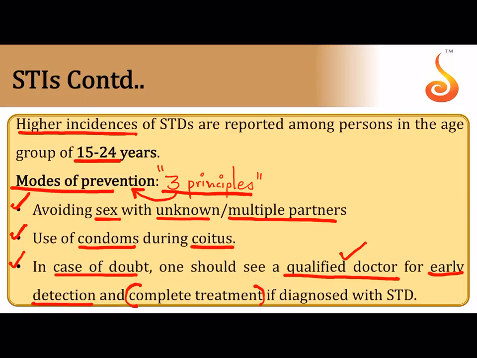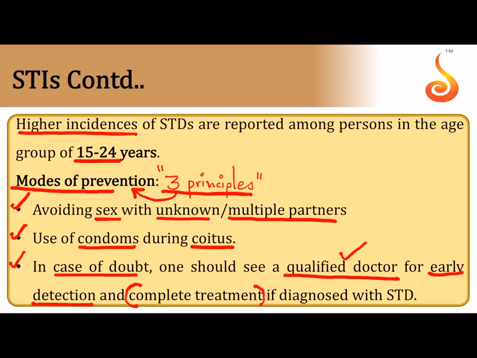This is where the importance of what I was telling you, awareness, and overcoming the social stigma attached to sexually transmitted infection becomes very important, because it should allow a person to seek qualified support in order to get detected at an early stage, and if detected, undergo complete treatment.